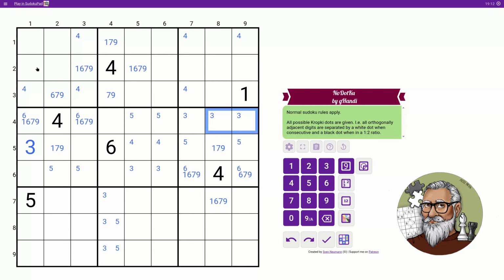Do I know where 3 is in box number 1? Too many options, right? Can I eliminate it from any of them? Do we need a 6 here? Not necessarily, right? I feel like I'm missing something very, very essential here.